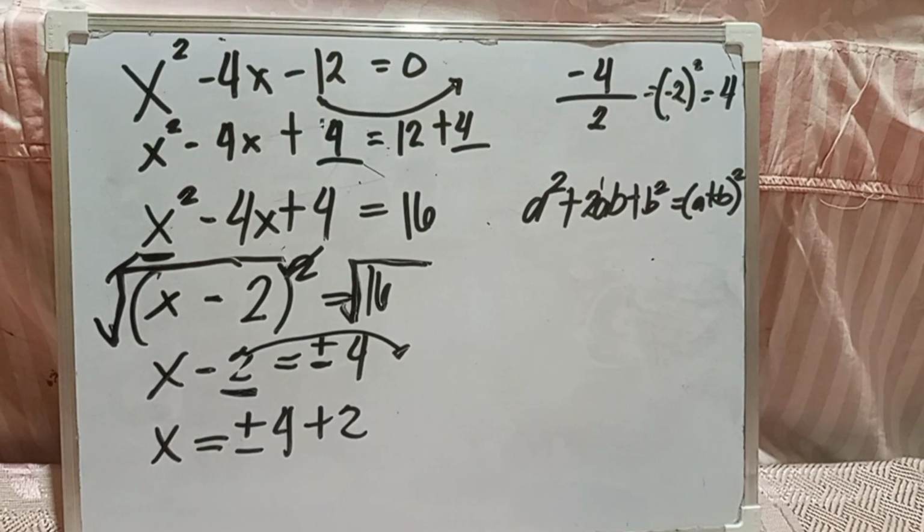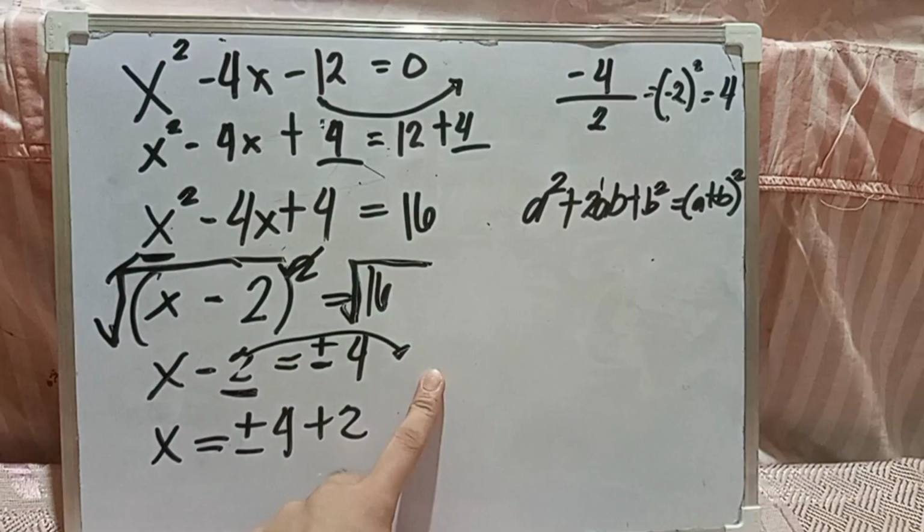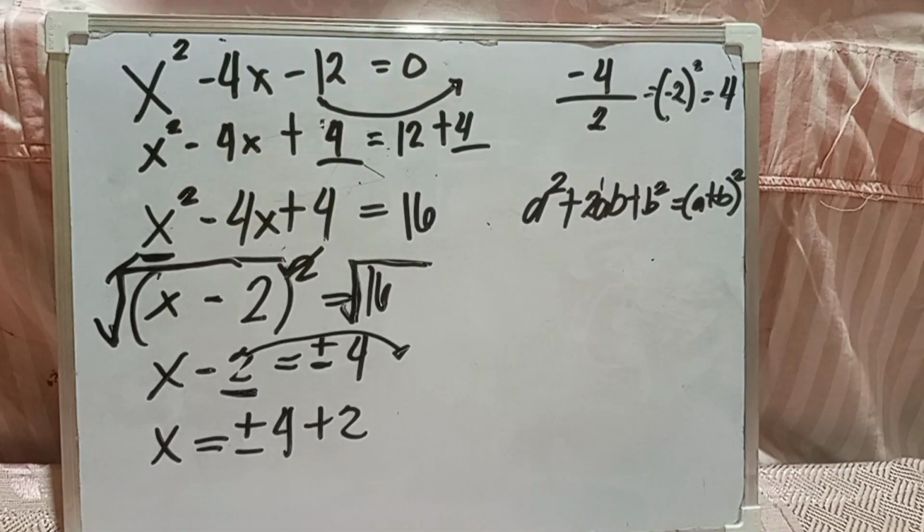The negative becomes positive when we transpose it to the other side. We're not yet done because we need to solve for the value of x. The right side is not yet simplified.